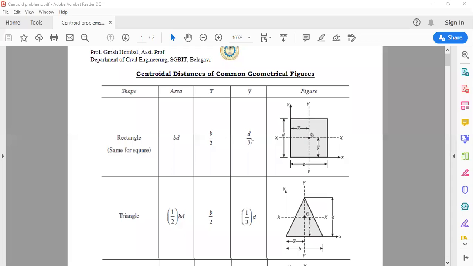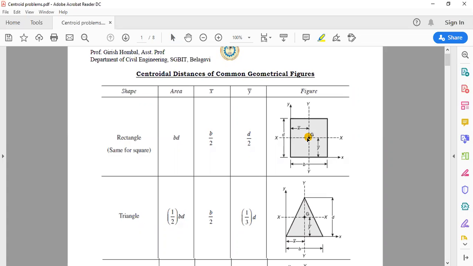For example, in the diagram here, this capital G indicates the centroid of the figure. Now the distance of this point from the reference x-axis is denoted by y bar.